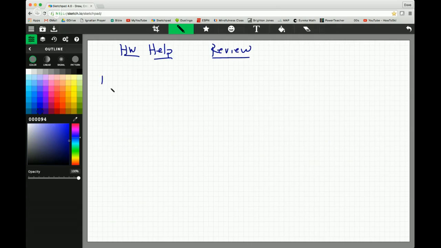So question number 1 is rewrite using exponents. So rewrite this using exponents. What is 3 times 3 times 3 times 3? What does that equal?